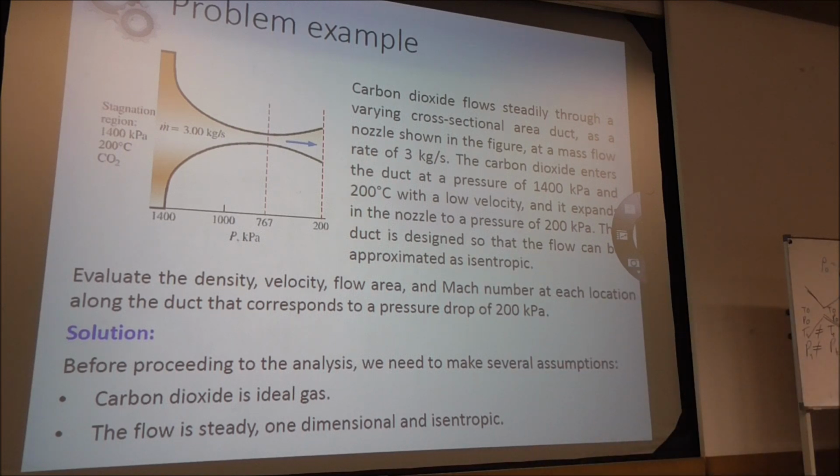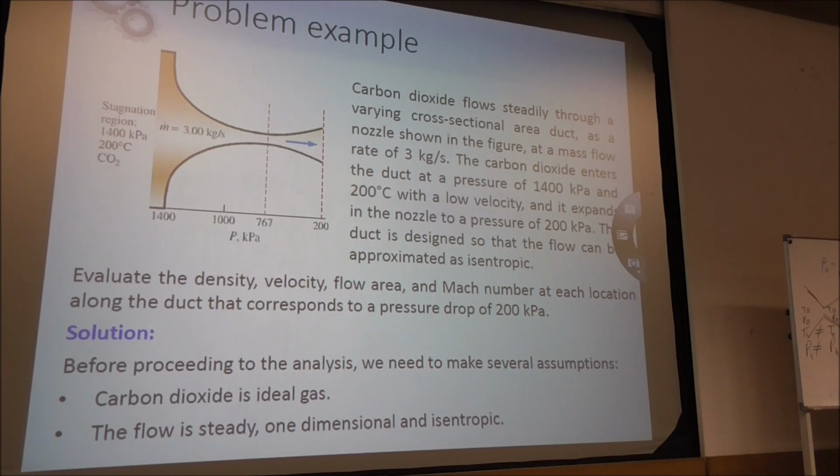You remember, if you have a low velocity, what will happen to your T naught? T naught is equal to T plus V squared over 2 Cp. In this case, since the velocity is very low, this term will be negligible. So T naught is equal to T, only for the very specific case when the inlet velocity is low.